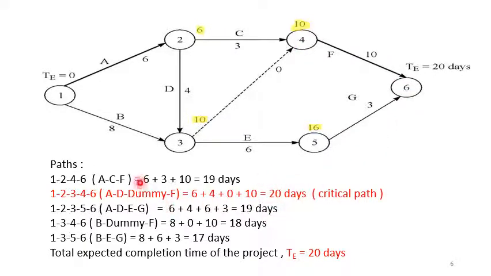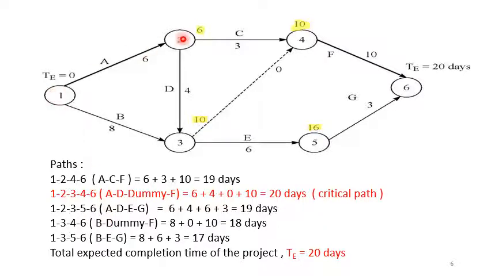Similarly, you trace all the paths from start to finish. How these paths are traced, again refer back to the previous video in which this has been explained. So we have now identified 5 different paths from start to finish.